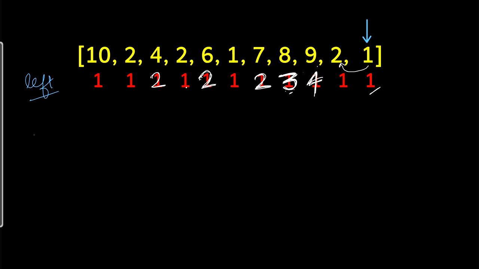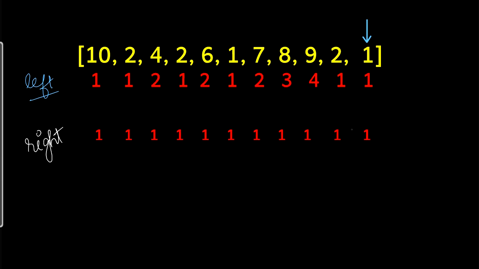Now what I'll do, I will compare right neighbors. So here I will start with the last child rating, which is 1, and I will compare with their right neighbors. I have given each child 1 candy. Now we will iterate from the last child rating and compare with their right neighbors.